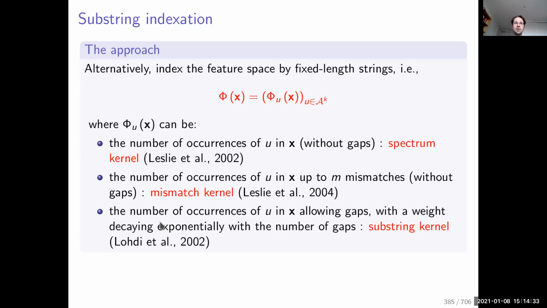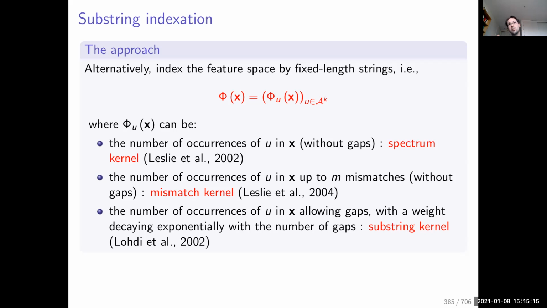Then there is also this idea that perhaps modeling mismatch is not enough. Perhaps we should also consider that U can appear in X, even if there is a gap in the pattern U. You will see with examples more precise statements about what this means, but the motivation was coming from biological phenomena where in biological sequences we can have DNA letters that are inserted at some positions, or sometimes deleted.